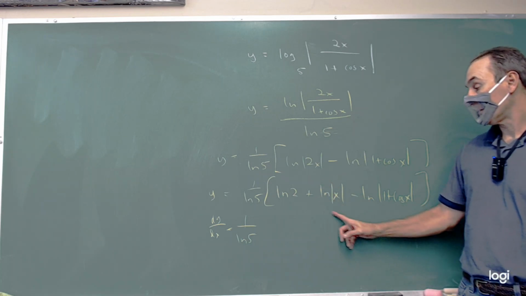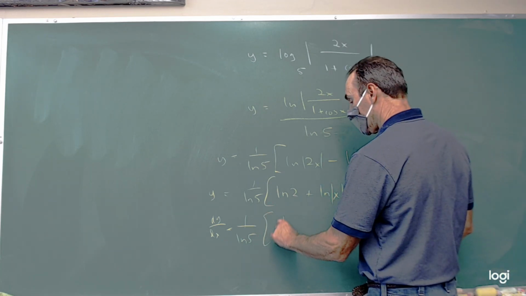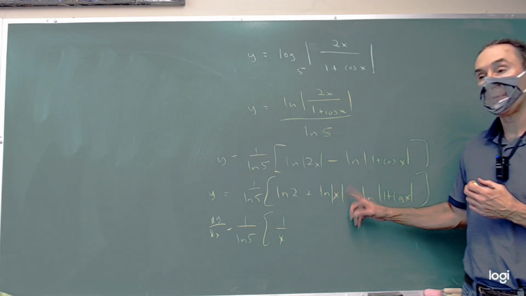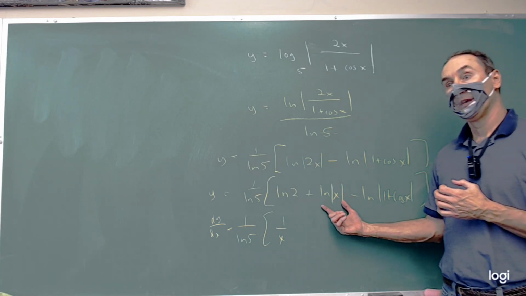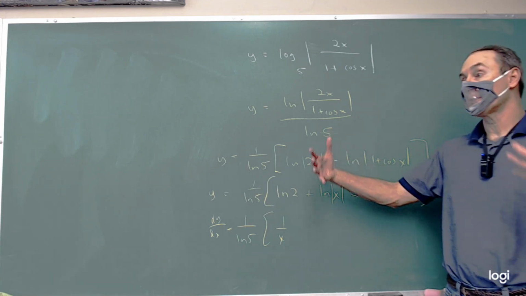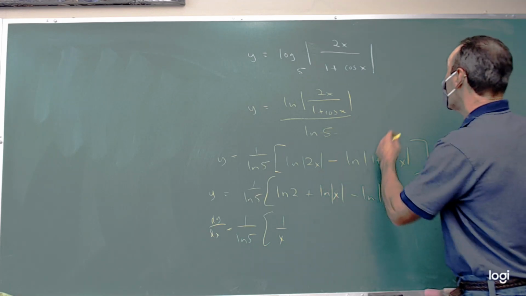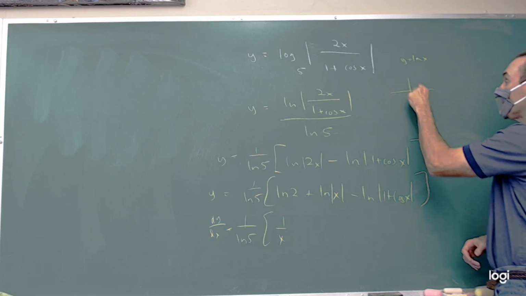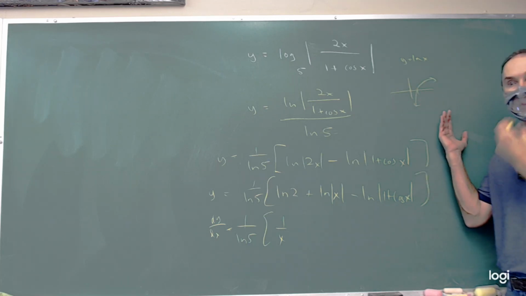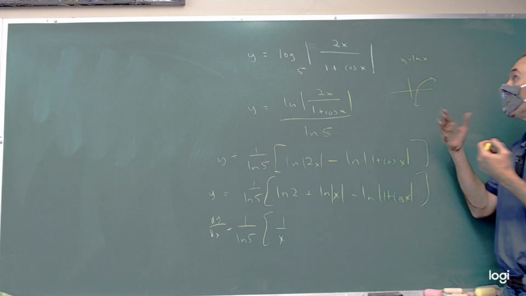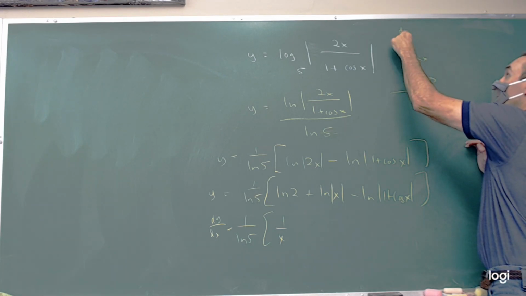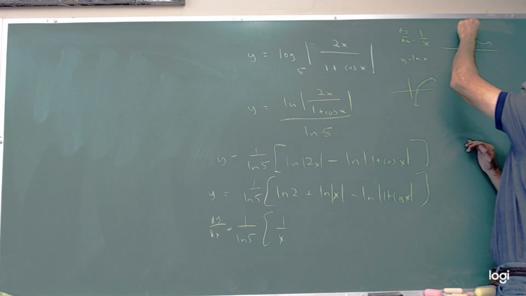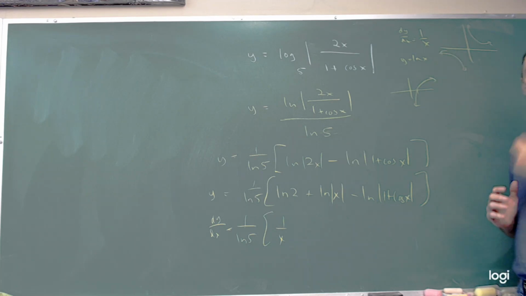The derivative of natural log x is 1 over x. Now, you don't have to worry about the absolute values. The absolute value in the logarithm extends the domain. Because a normal logarithm, without an absolute value, is only defined for x greater than 0. When we take its derivative, we get 1 over x, but 1 over x is defined for negatives.